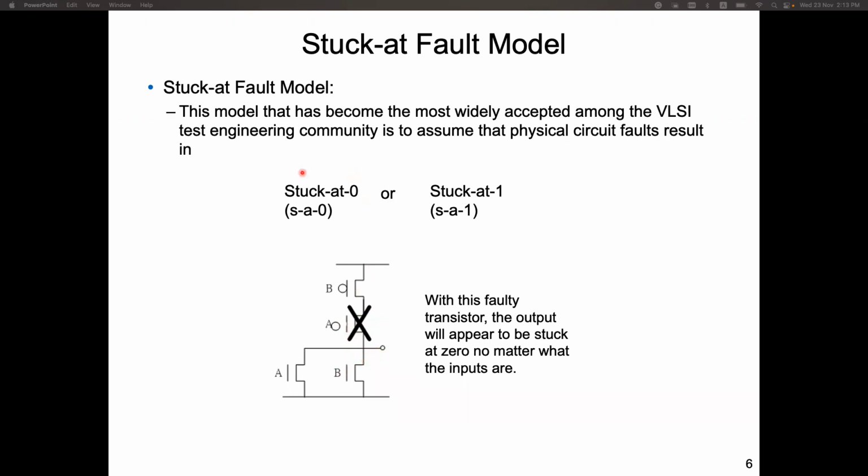This is named a stuck-at-0 fault. It's always at 0, no matter what the inputs are. Sometimes you can have a stuck-at-1 fault. This is a simple model, and in this model, you assume that there is only one stuck-at fault in a circuit.